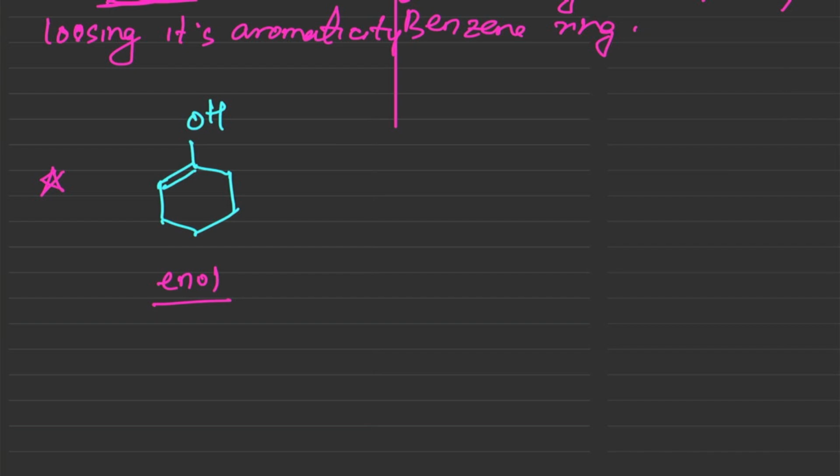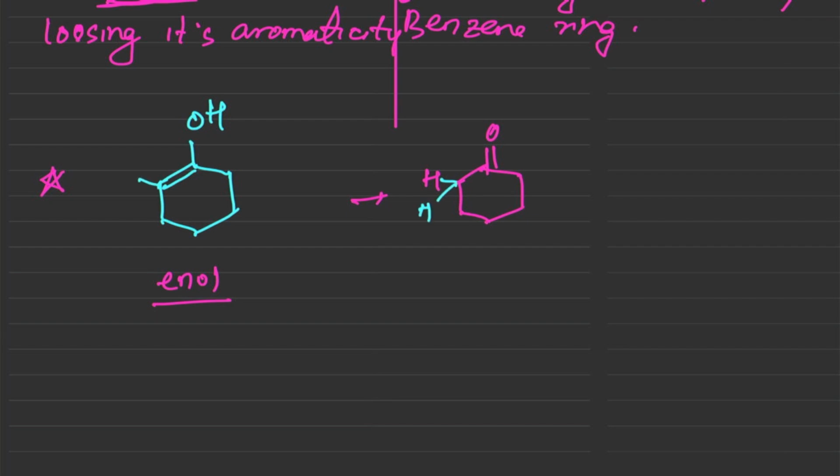Here is how you do this. Draw the exact same canonical structure with C and O, and move the H from here to this carbon atom, and then move the double bond from here to the CO bond. And that's it.